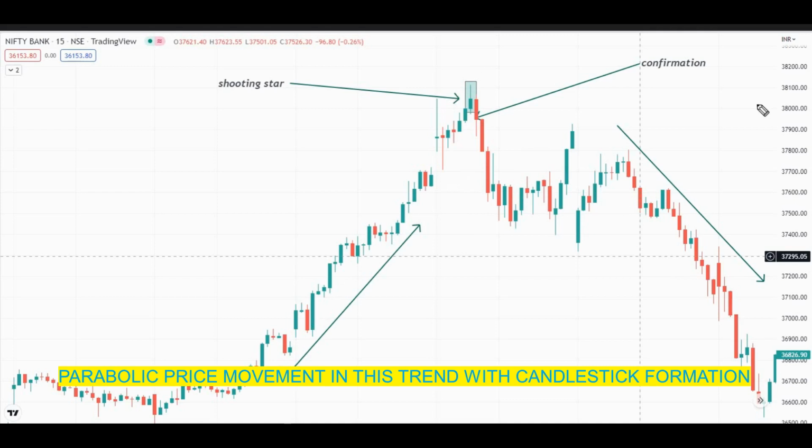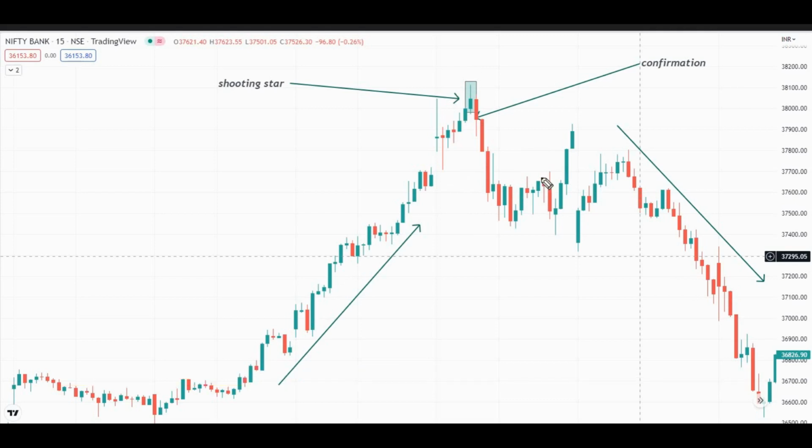And always remember, we don't only take entries based on candlestick chart patterns, we always analyze the trend and market structure, then we look for candlestick chart patterns and execute our entries with stop loss here, and then enjoy the trade.